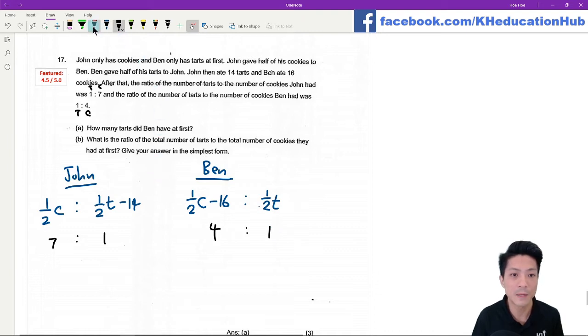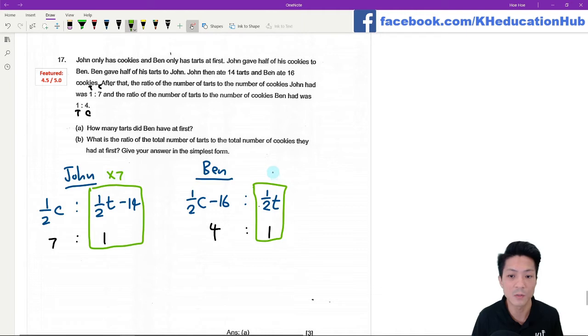Now if you want to make a comparison between the equations, we need to make them the same, which means that I need to multiply by 7 to this, and I need to multiply by 4 to this.